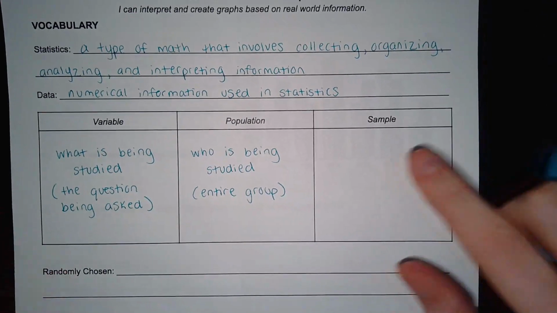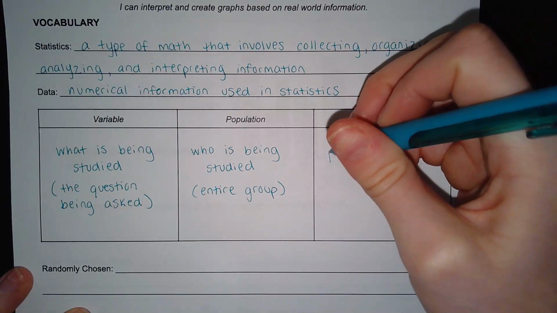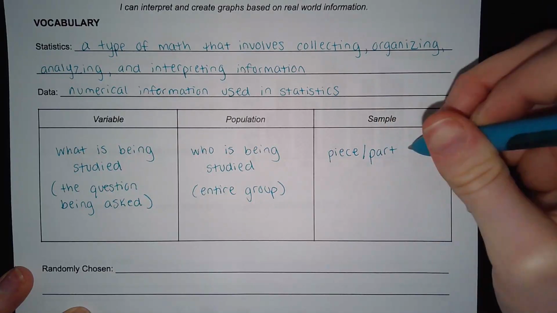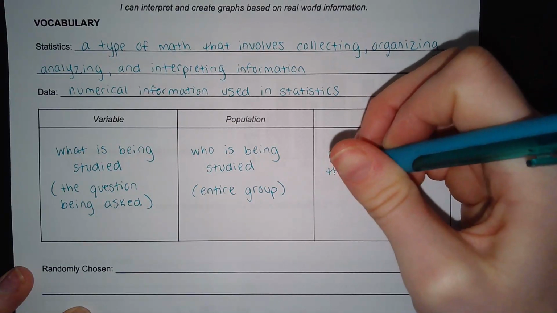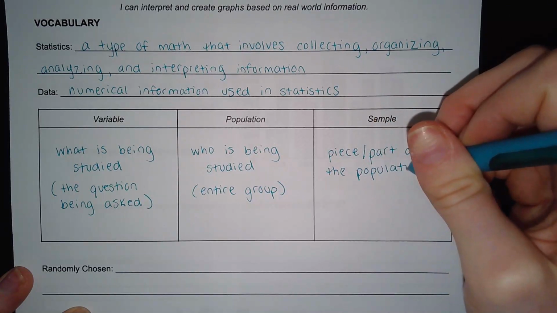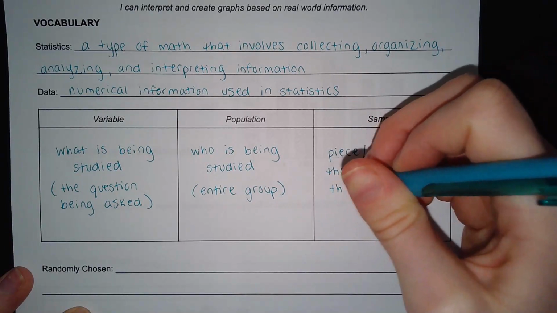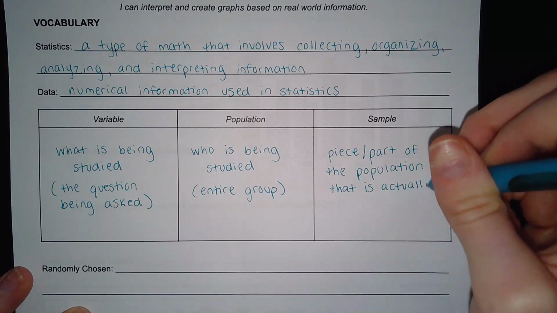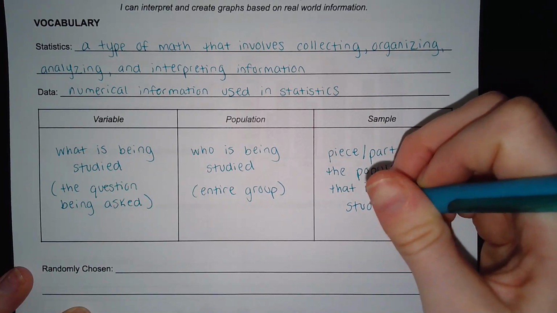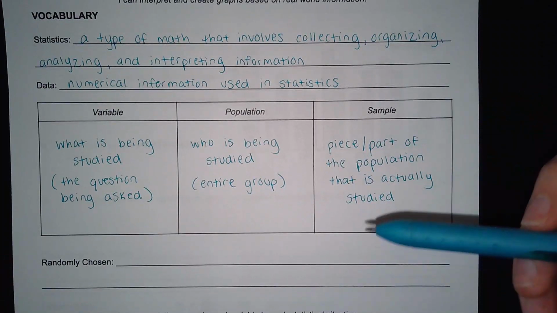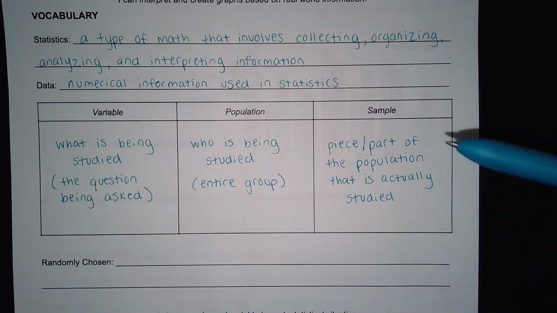So a sample is a piece or a part of the population that is actually studied. So often for the sample, I'll ask who or what did we actually ask the question to?